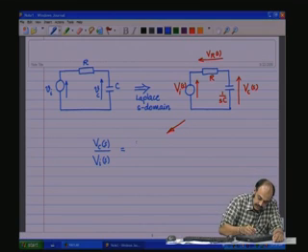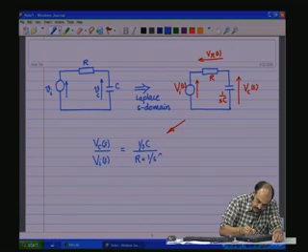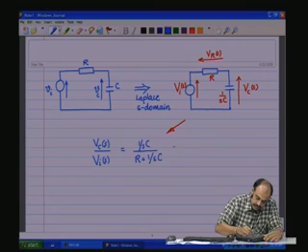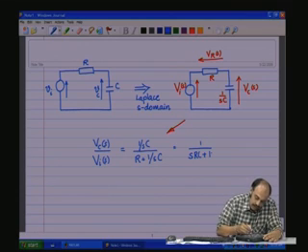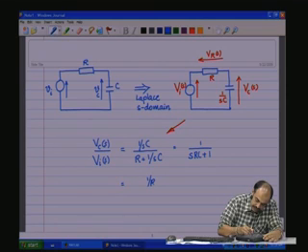In this case it is the capacitive reactance 1 by sC divided by R plus 1 by sC, and this can be written as 1 divided by sRC plus 1, or still further simplifying it, you have 1 by RC divided by s plus 1 by RC.